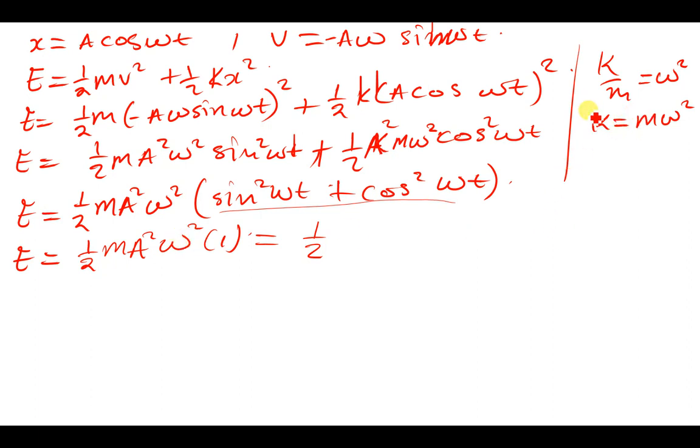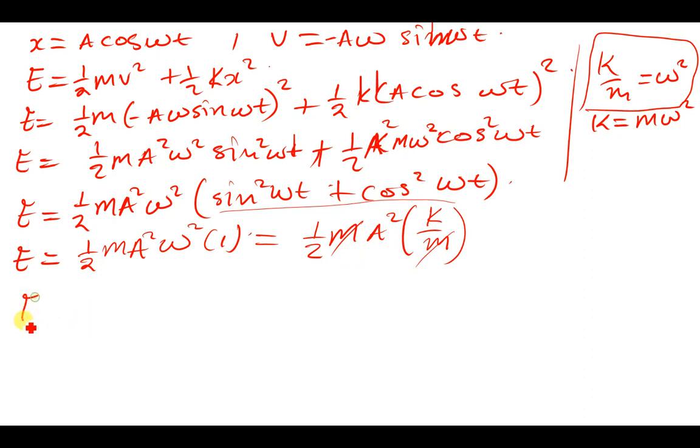So when you simplify this, remember omega squared is simply equal to k over m. So we put k over m where there is omega squared. So we have half m a squared times k over m. This m and that m will cancel, so we remain with E, which is the energy stored, equal to half k a squared.